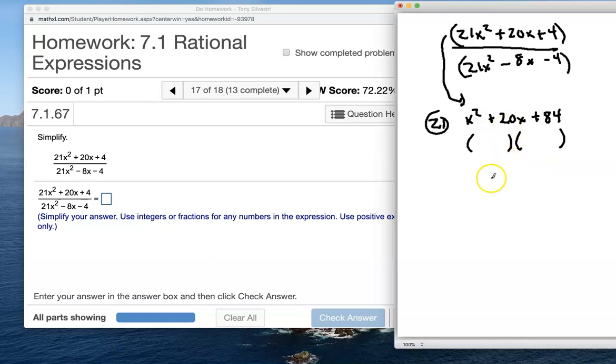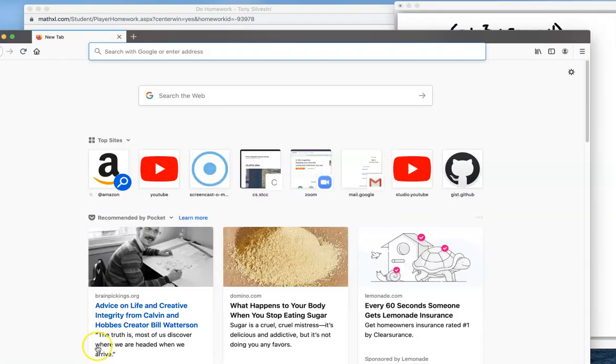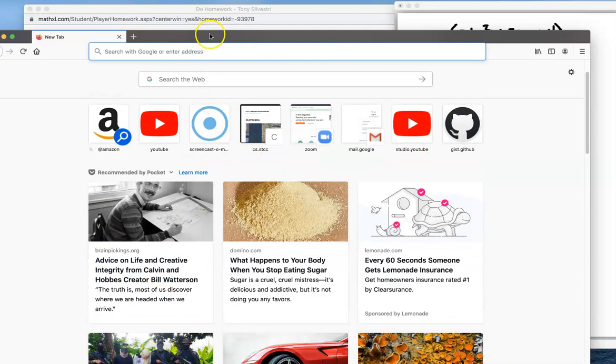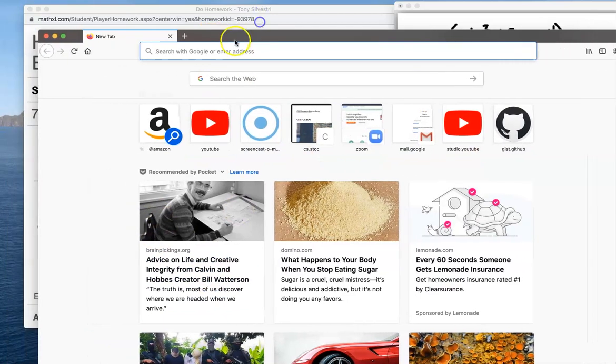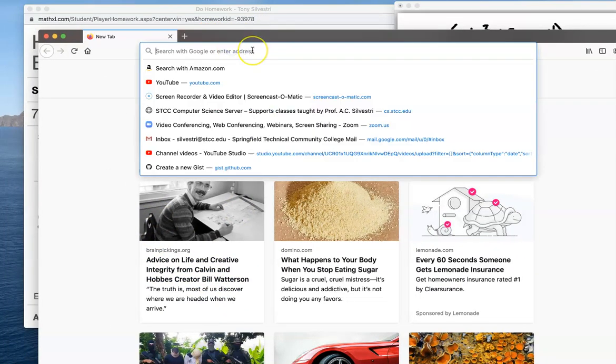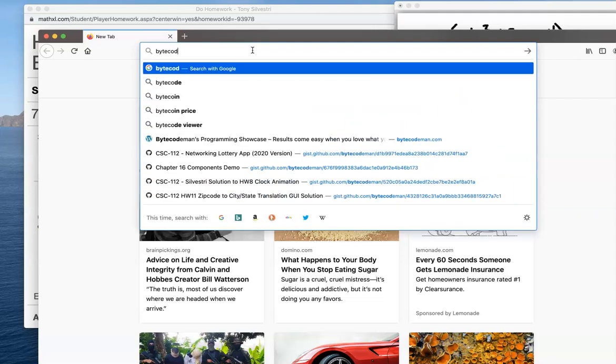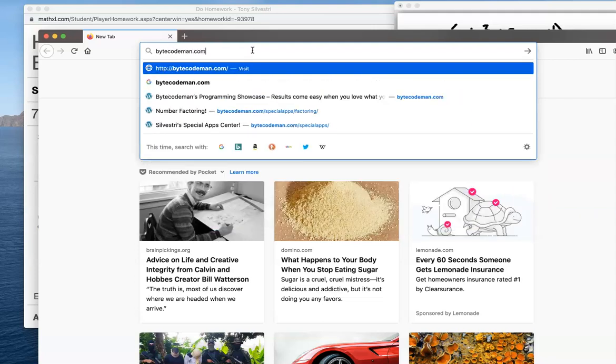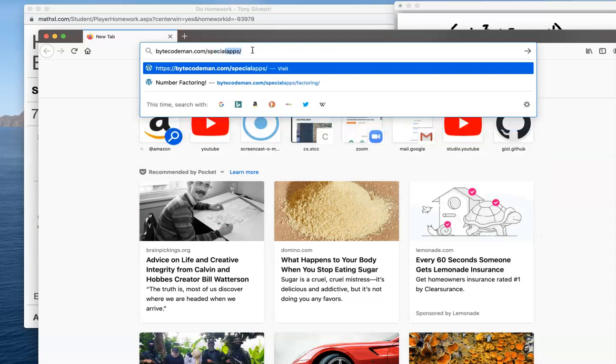I showed you this website that I wrote, and I'm going to go here. Let me open up another browser. I have a link to this somewhere in the Blackboard. You'll see it on the module, but the link to it is bytecodeman.com/special apps.